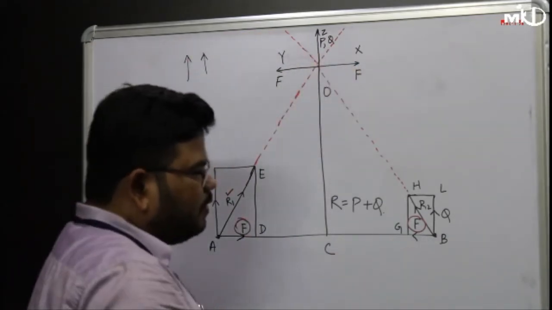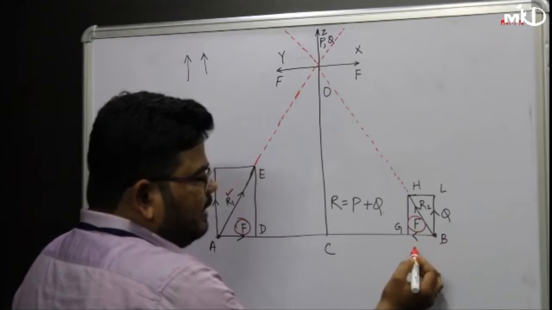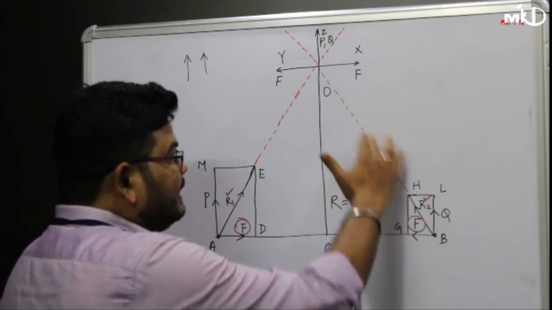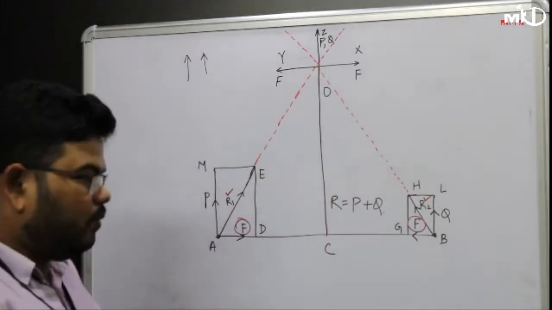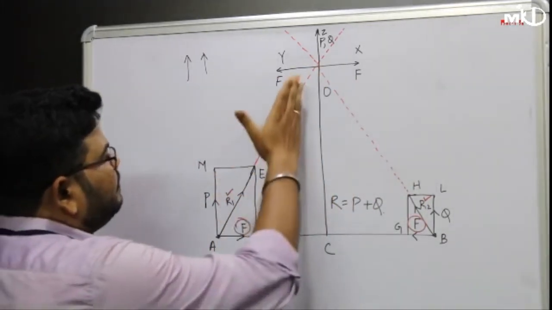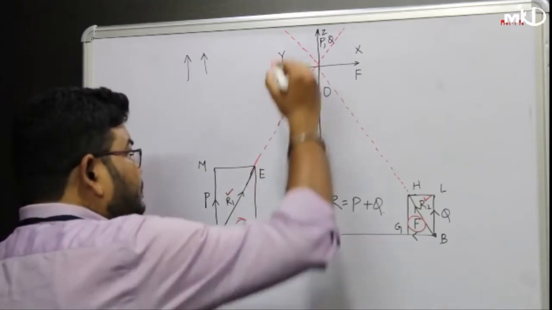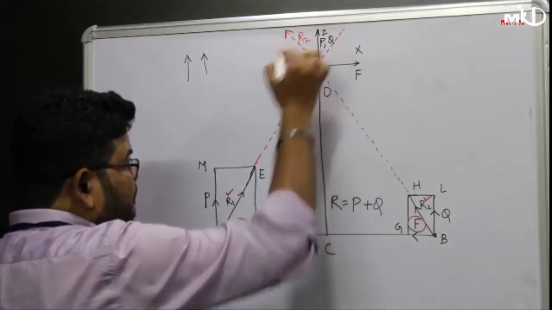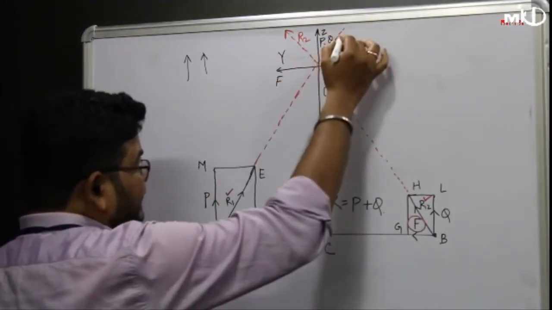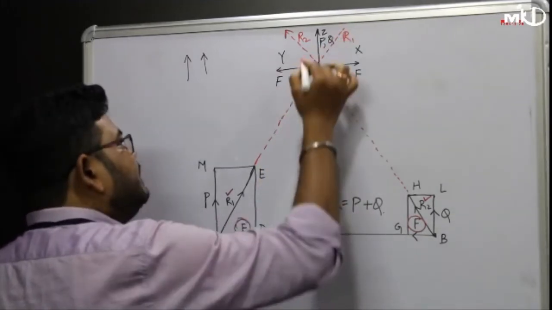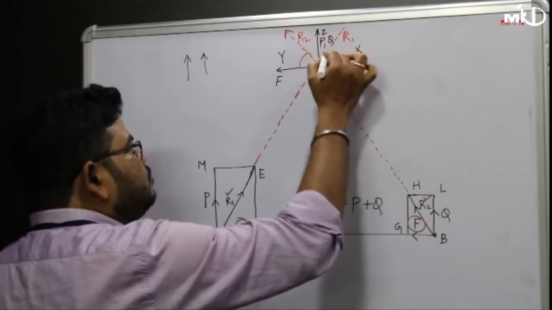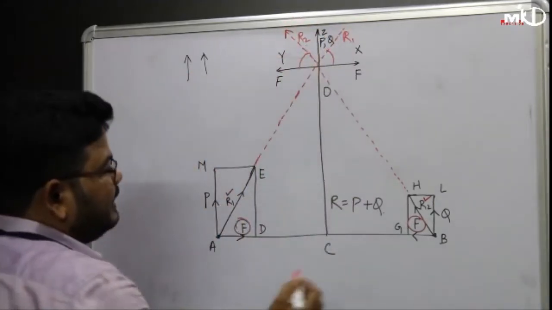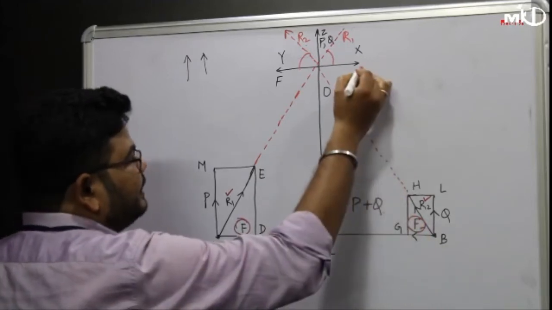Similarly here we have Q and F whose resultant is R2, and when it is extended it meets at point O. Now we see from this figure that this line represents R2, and this dotted line represents R1. Now if we resolve these two forces R1 and R2 horizontally, we get F here.